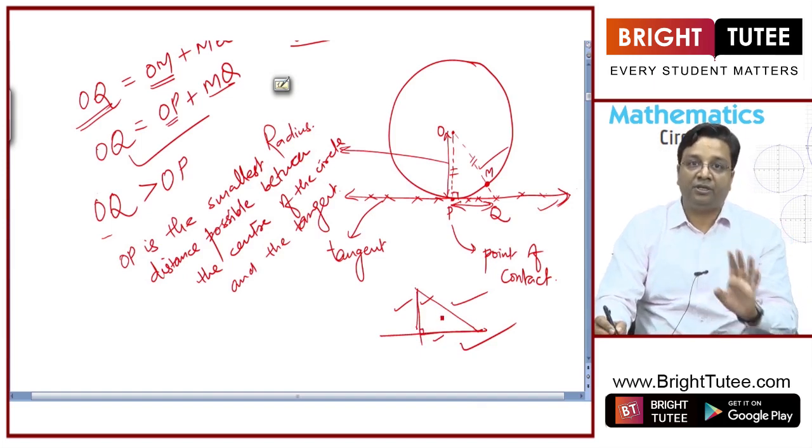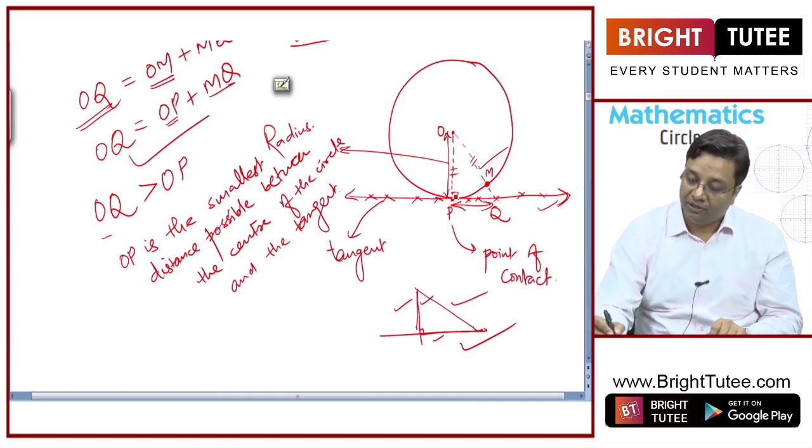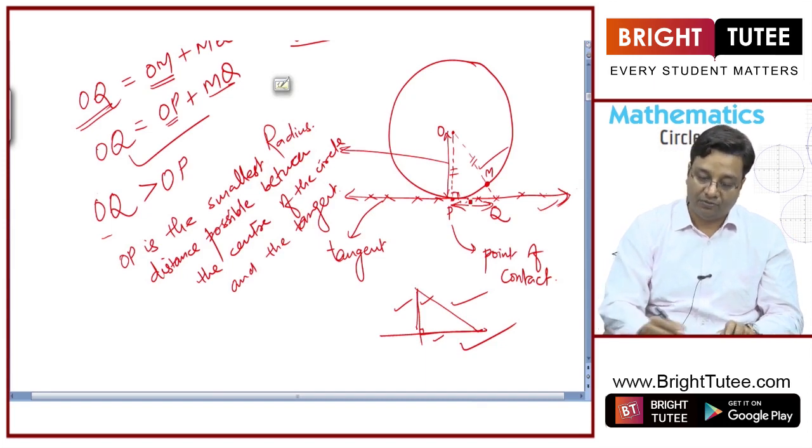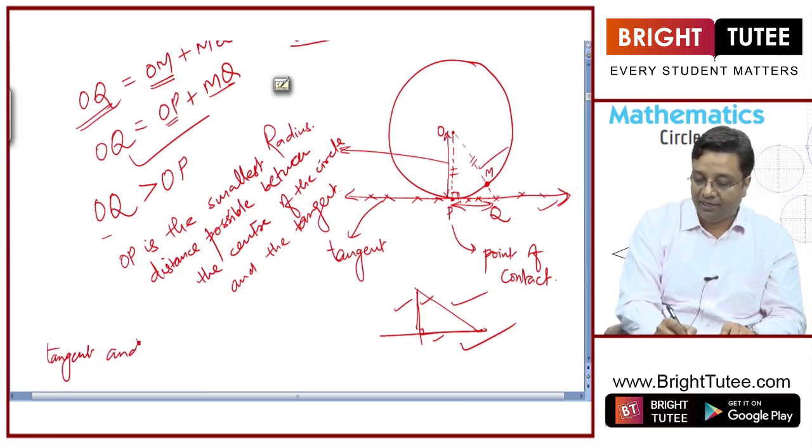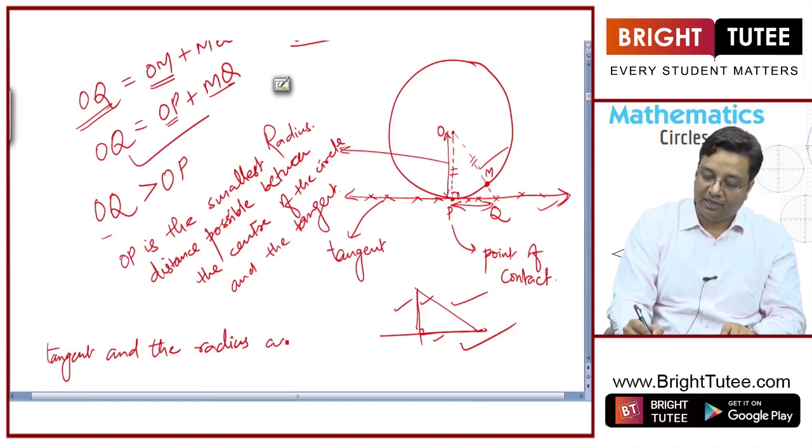So this is the property of a right angle triangle. Now this is the right angle. So we can say that the tangent and the radius are perpendicular to each other.